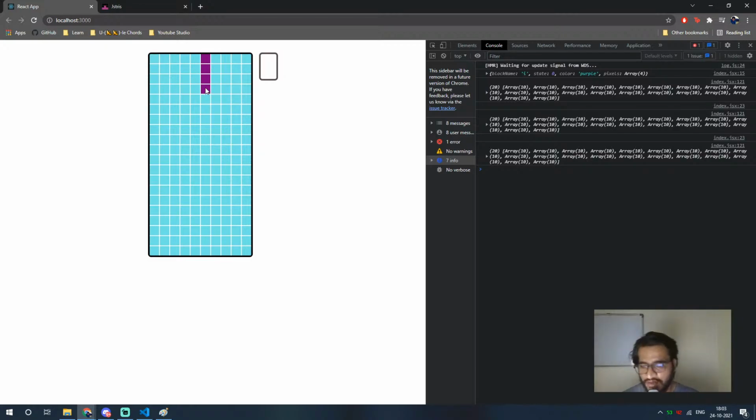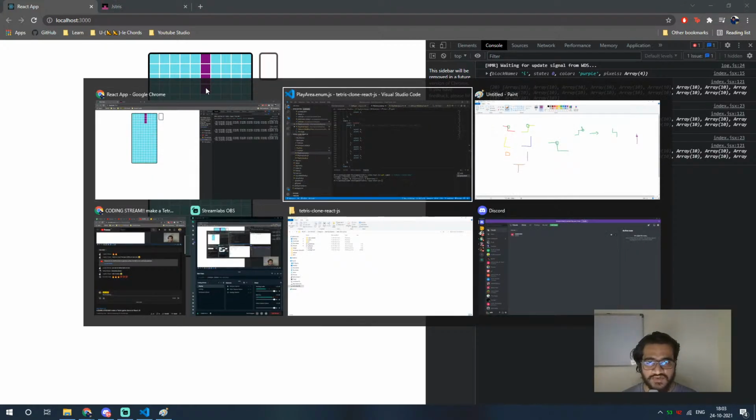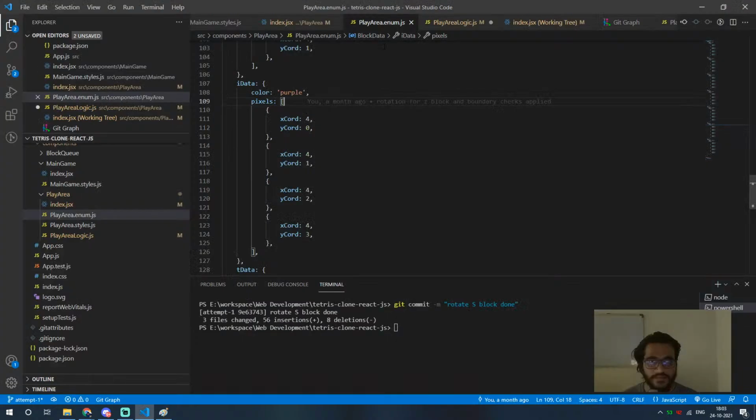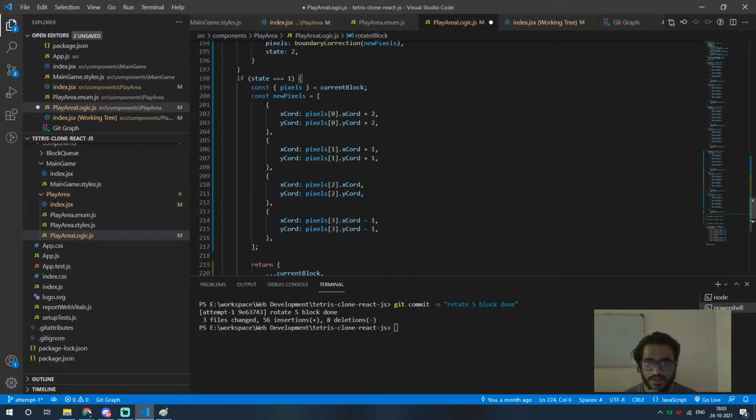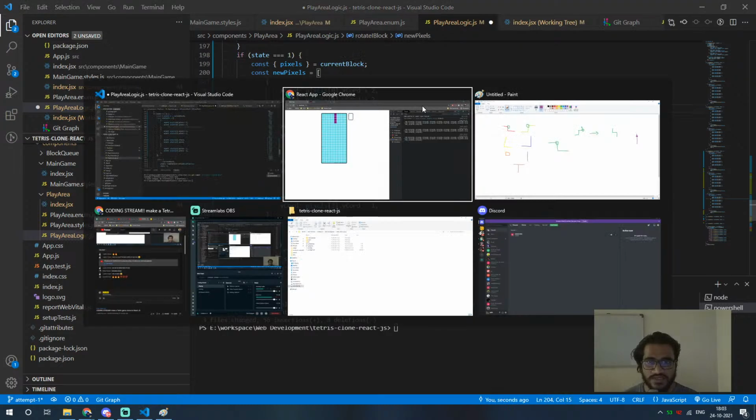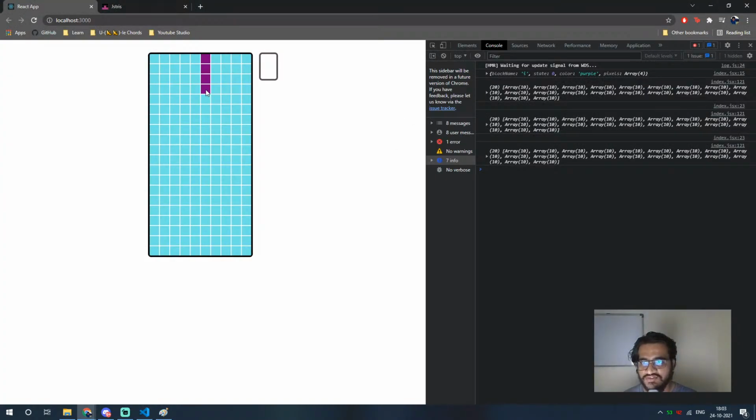And right now, after working on the logic, we know that this is the first pixel, this is the second pixel, this is the third pixel, this is the fourth pixel, which is not supposed to be the logical way.